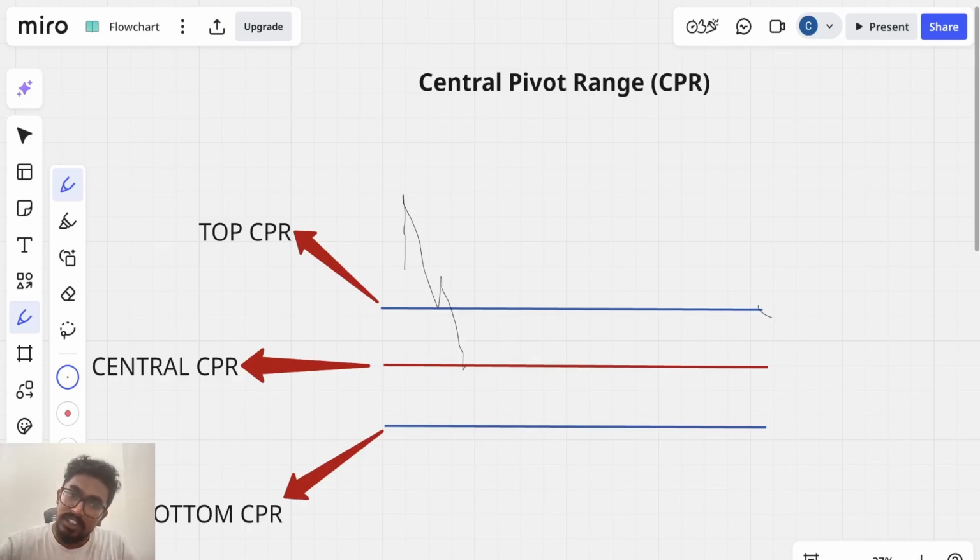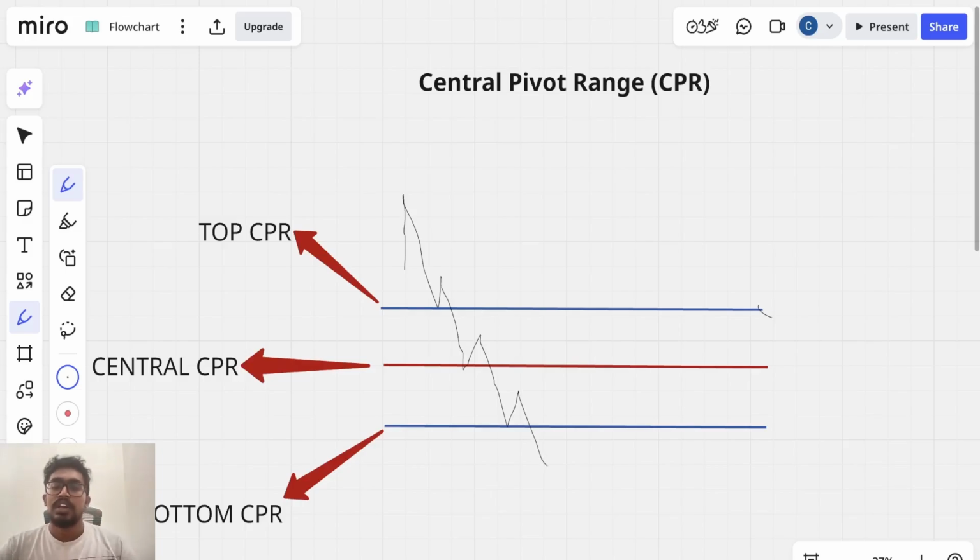Here it takes a support, then breaks that support and comes back down to the bottom CPR. Here it will retrace again and go down.